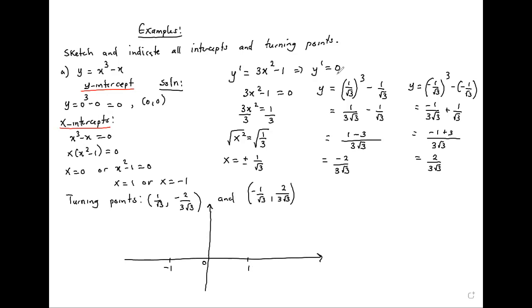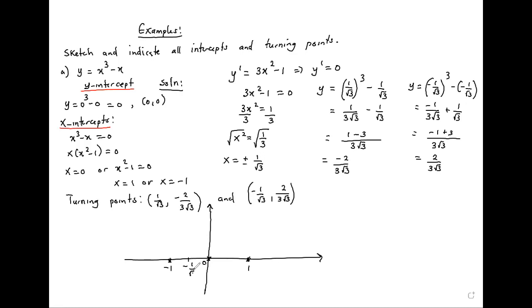So the y-intercept is (0, 0). So this (0, 0) is the y-intercept and an x-intercept. Then another x-intercept here, another one here. We found them by solving. Okay. Then now we also have turning points.